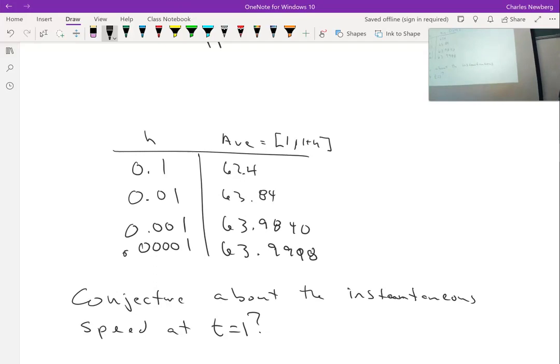What do those values look like they're approaching, class? 64, right? They look like they're approaching 64.